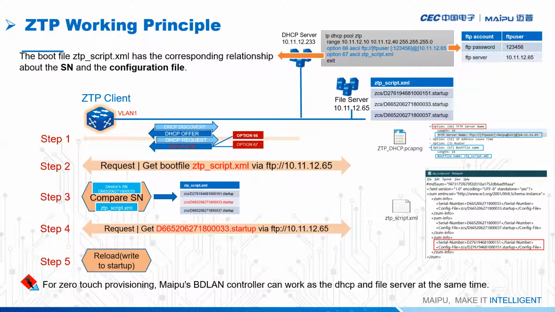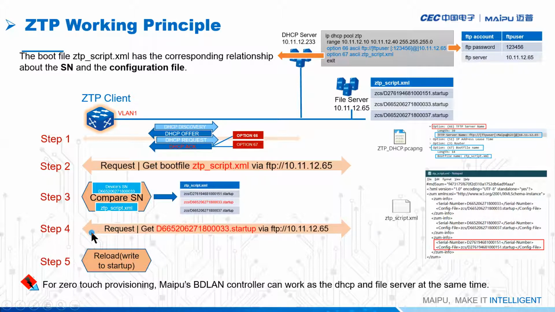option 67. Step 2: the ZTP client will request and get the boot file from the file server. After that, the ZTP client will compare its own serial number with the boot file, and then it will know which startup file it should get.